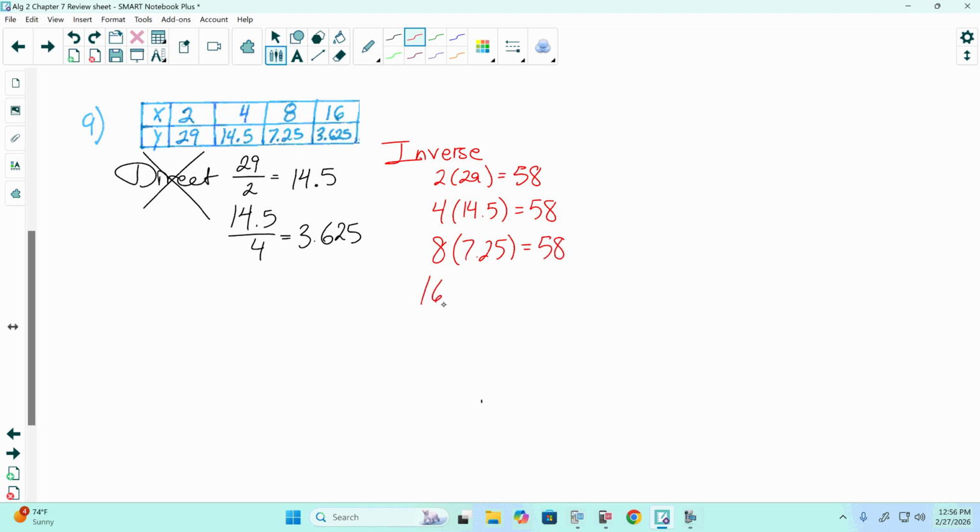And then lastly, 16 times 3.625 is actually going to be 58. So we know this one is going to be inverse. Questions on 1 through 9?